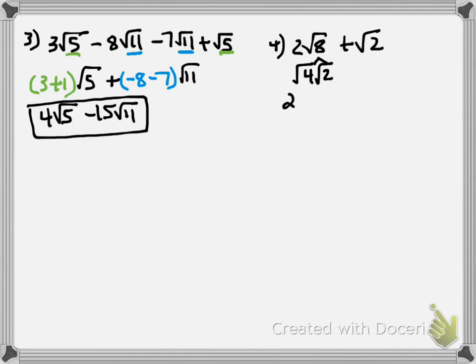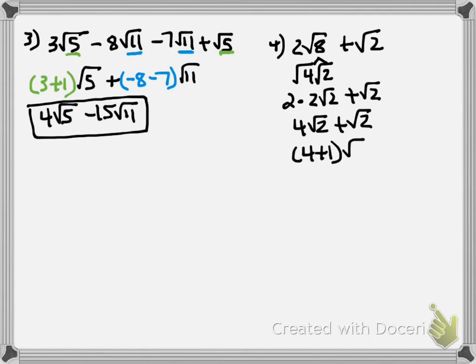So this had a 2 in the front, and the radical 8 simplifies into 2 radical 2. Well, 2 times 2 radical 2 gives me 4 radical 2. So it took me a little bit of prepping time to get this problem to look like the first couple that we did. So now I have my match, and I just pull out my coefficients, add them together, because that's what the operation tells me to do, and I get 5 radical 2.